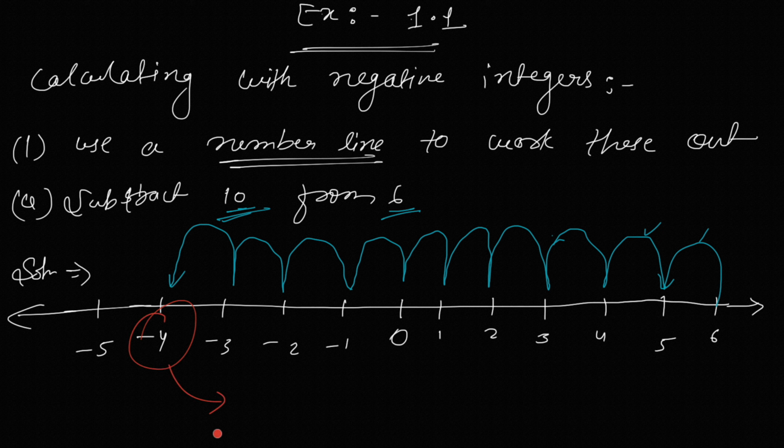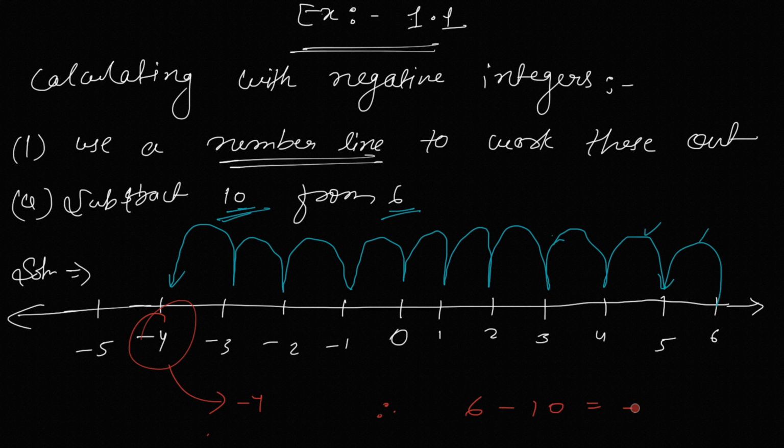So how can we write it? When you subtract 10 from 6, it will give you -4. We have solved this using the number line, and there are more questions to solve using the number line. So let's move to the second question.